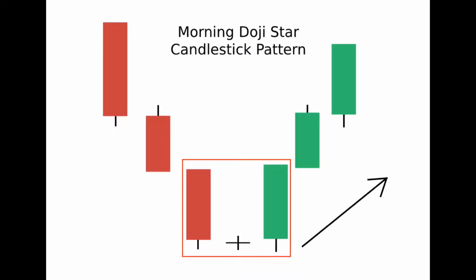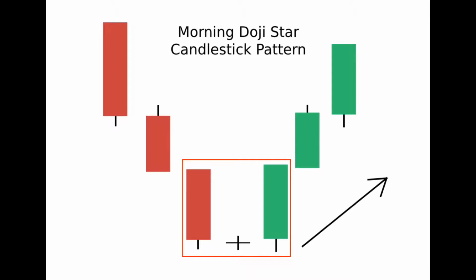It brings me to my next candlestick pattern formation, which is the morning doji star candlestick pattern. Previously we were only looking at 2 candlesticks, but this is a 3 candlestick pattern formation. We have the bullish candlestick, the bearish candlestick, and an indecision, that's the doji candlestick, and then the bullish candlestick.